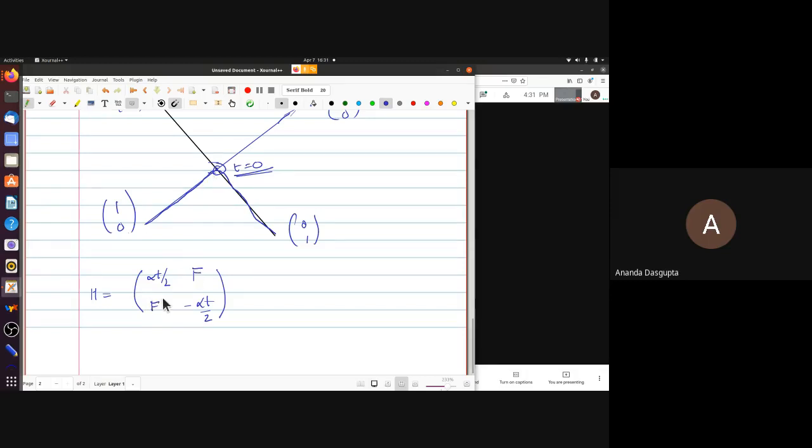It's almost the same problem as ours, except that now you have αt/2 sitting here and minus αt/2 sitting here as before, but the off-diagonal elements are no longer 0. There's an off-diagonal element f, and because the Hamiltonian has to be Hermitian at all times, whatever f is sitting here, f star is sitting here.